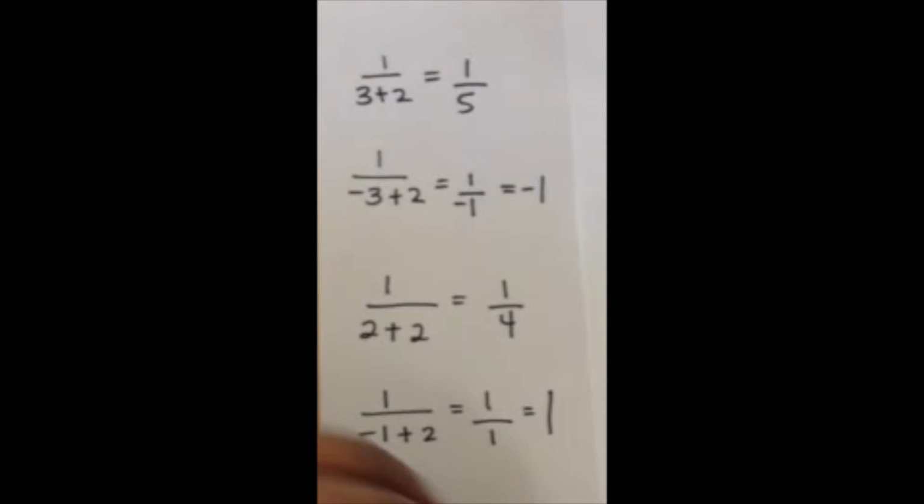And lastly, 1 over negative 1 plus 2 is equal to 1. Now we're going to plot the points.